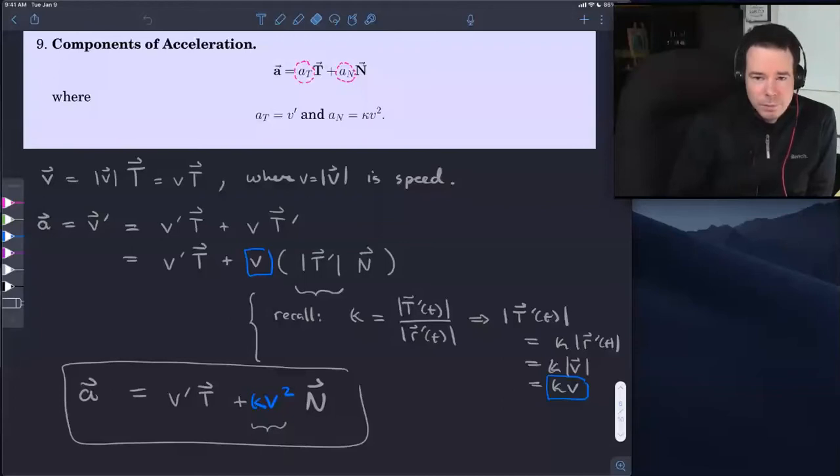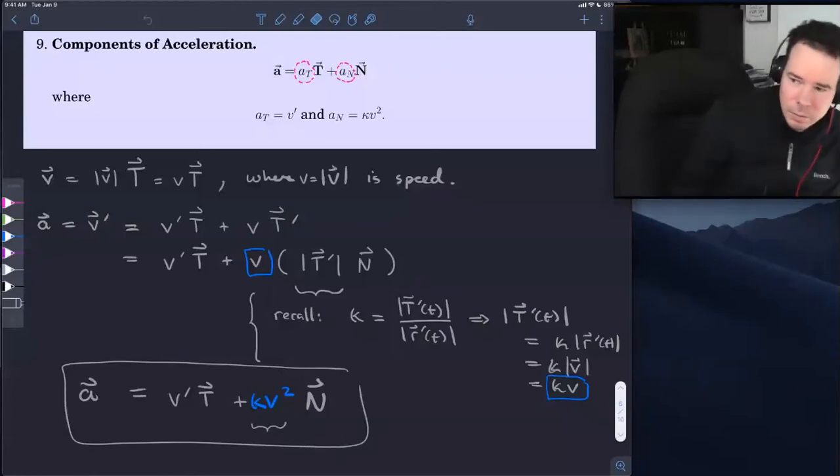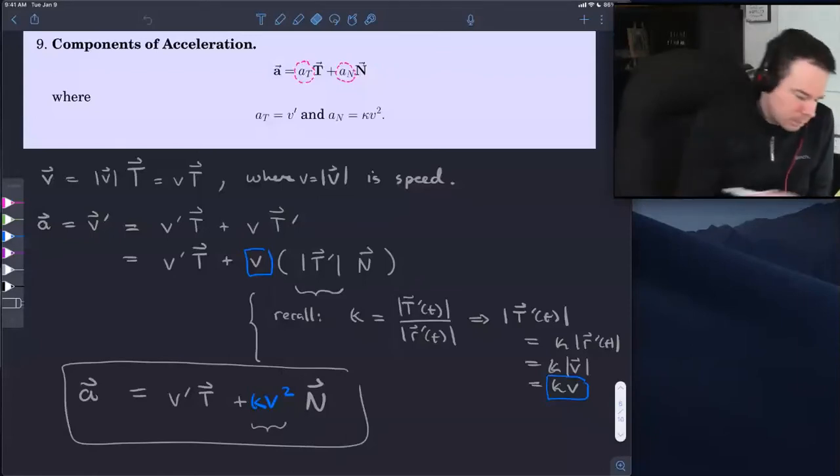So remember that velocity is a vector, and so it has both a magnitude and a direction. Acceleration is the rate of change of the velocity. And so we're looking at the acceleration as its two components: the rate of change of the magnitude of the velocity vector, which is the rate of change in speed, and also the rate of change in the direction of the velocity vector, which is what we call this normal acceleration.